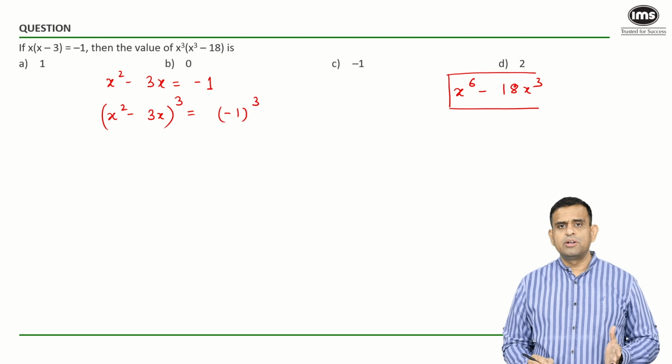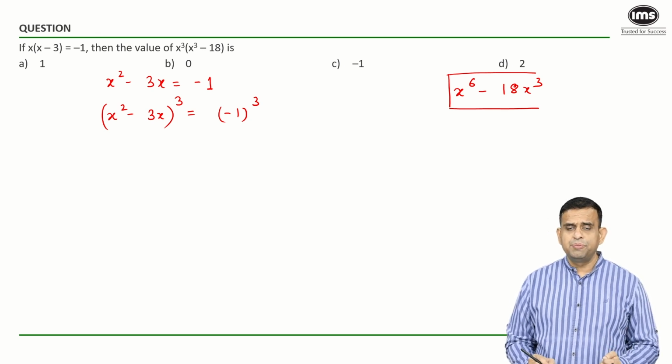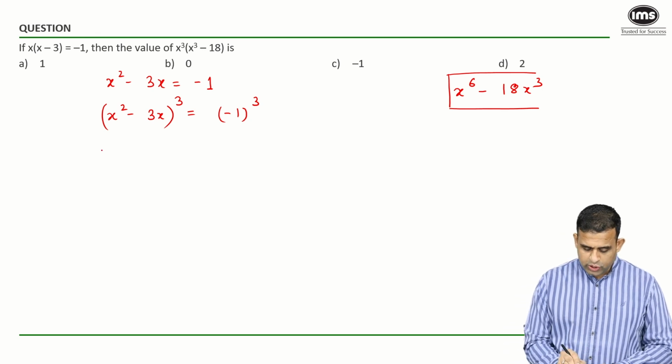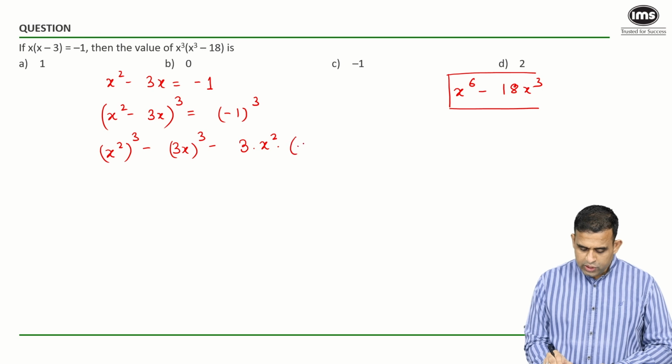And understand now, the term a minus b whole cube is nothing but a cube minus b cube minus 3ab times a minus b. So I can write x square whole cube minus 3x whole cube minus 3 into x square into 3x times a minus b, which is x square minus 3x.